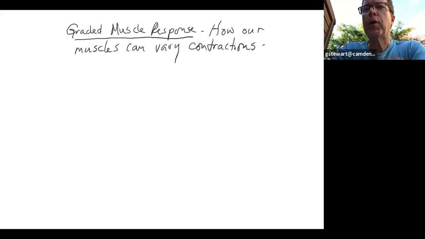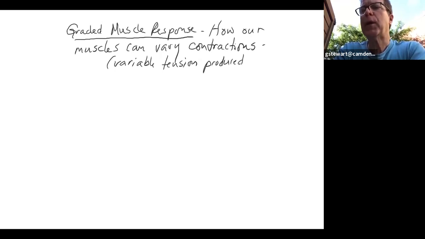So we have what your book calls variable tension produced. I think the example I used yesterday was you want to pick up a pen or a pencil, that takes very little muscular activity to do. But if you want to lift a 40-pound bag or a very heavy suitcase, that takes a lot more muscular activity and more tension to be produced.